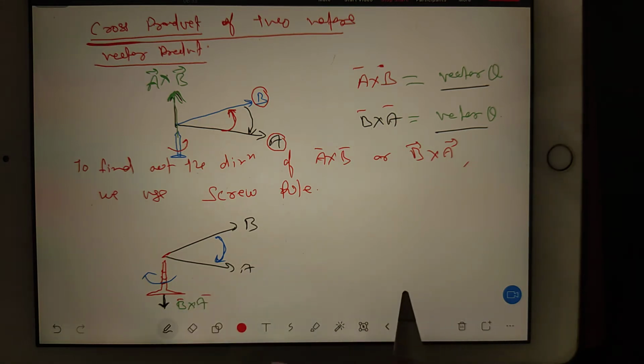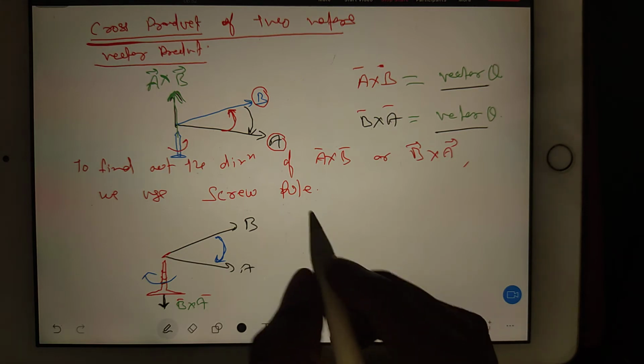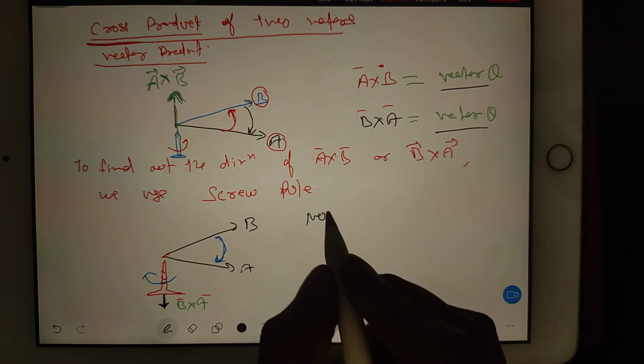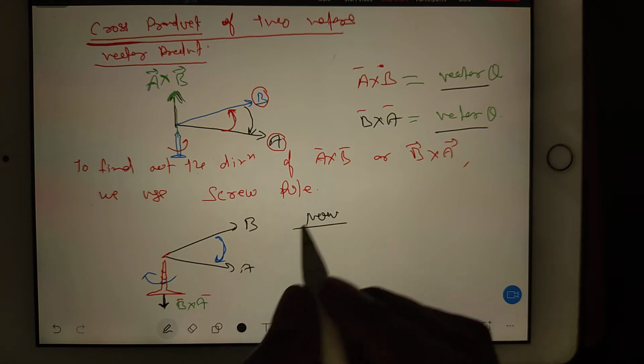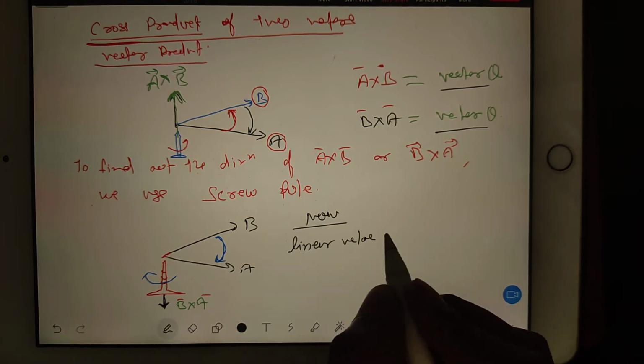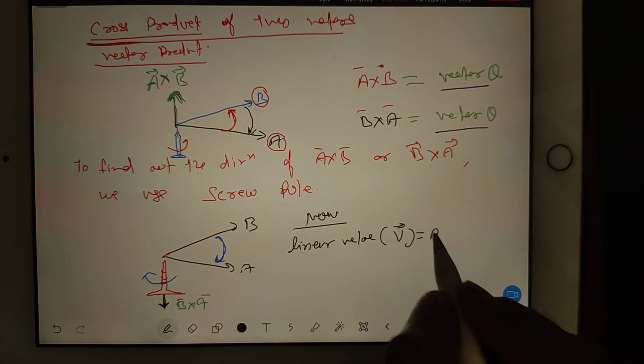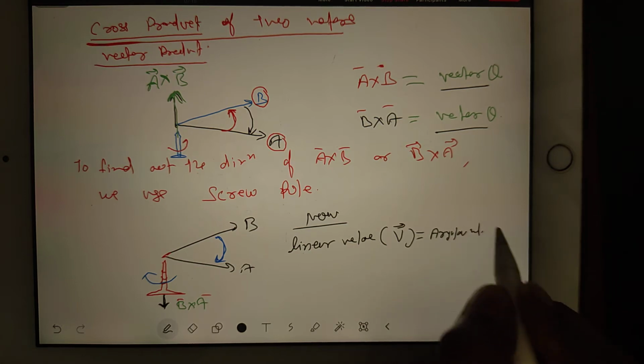Now why is this concept important in physics? Because in physics there is the concept of torque, and the concept of angular velocity and linear velocity. Those velocities are actually connected with the help of vector product. So immediately mention here, because now we have velocity, write down linear velocity, which I am mentioning as V, is equal to angular velocity, the symbol is omega.